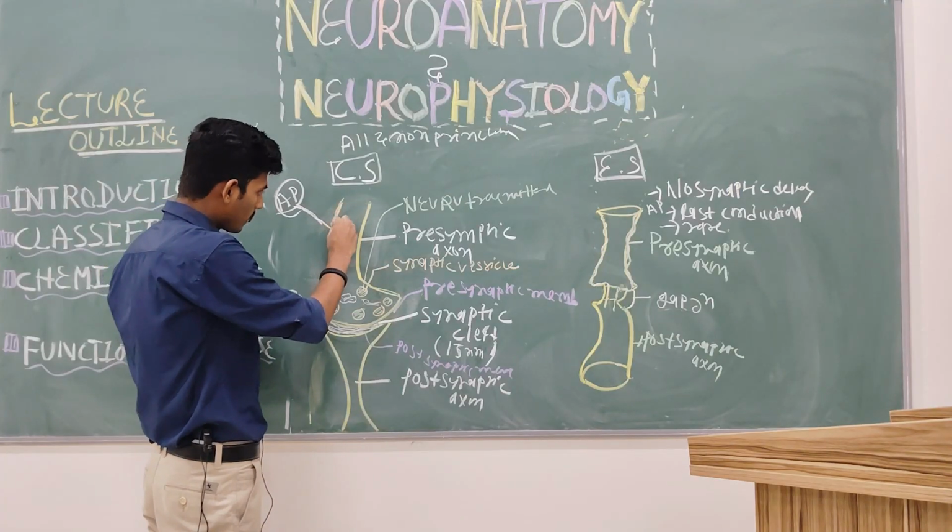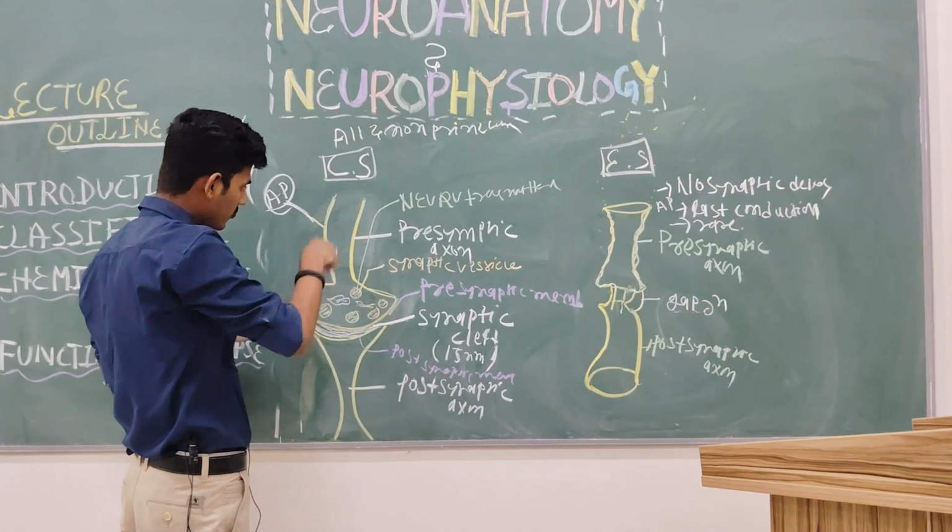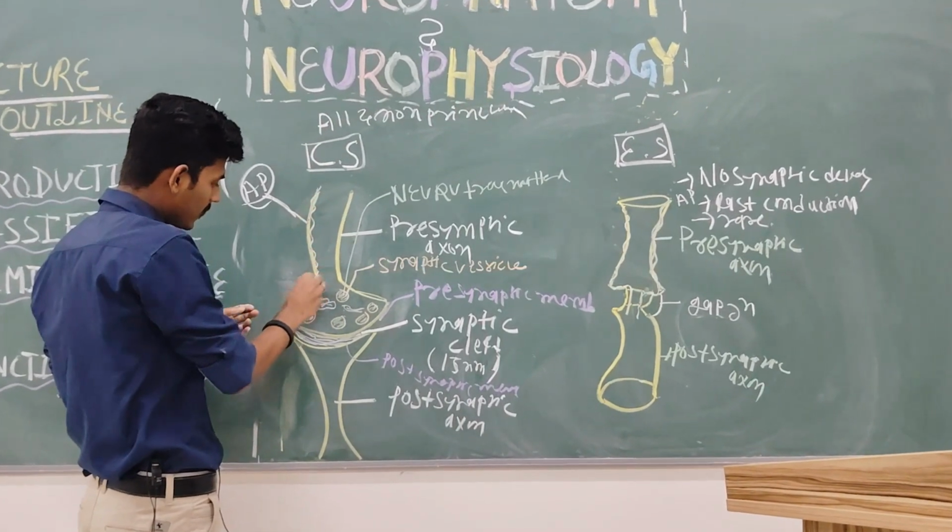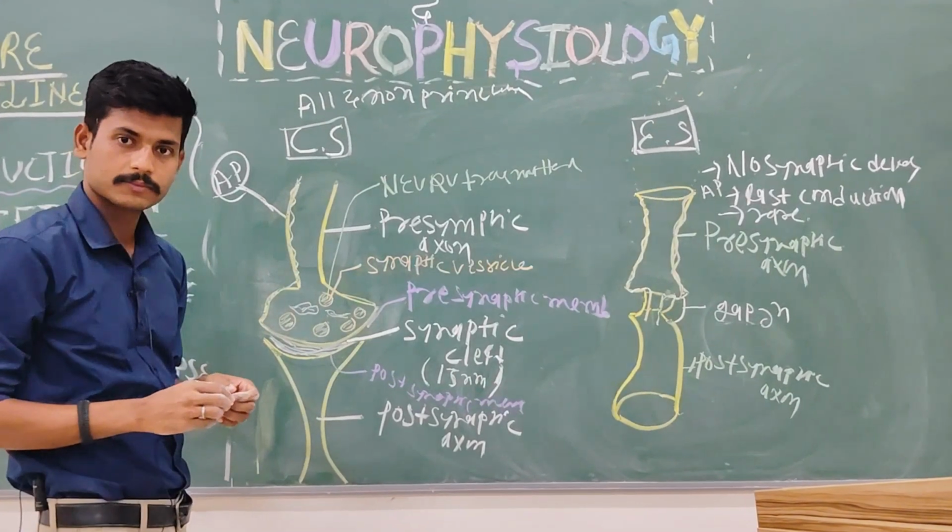So the action potential is the adequate voltage, the current which comes to the axons, to the cell body of the neurons, and travels here.